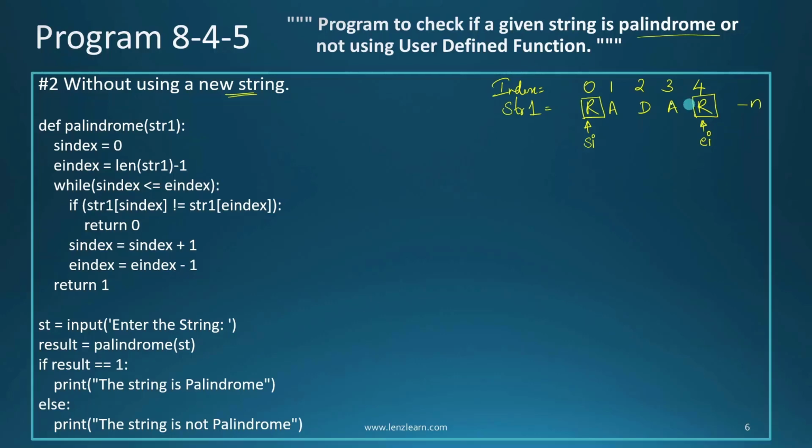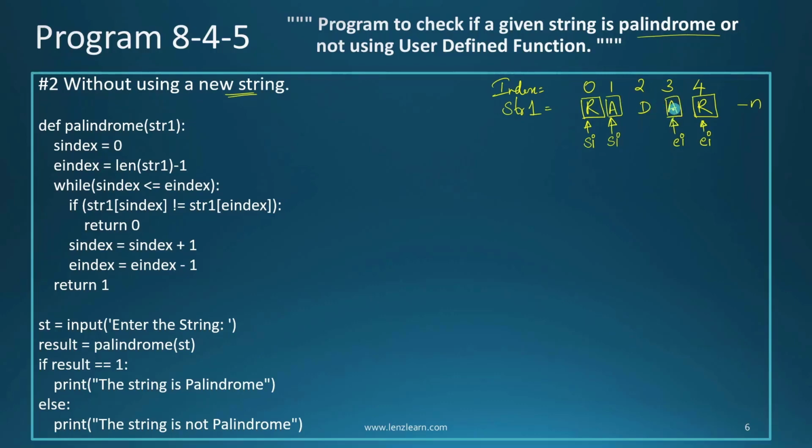Now if both of these characters are same, then what I will do, I will increase the value of SI so that it points to the next character. I will decrease the value of EI so that it points to the character just before the last character. Then I will check whether they are the same.